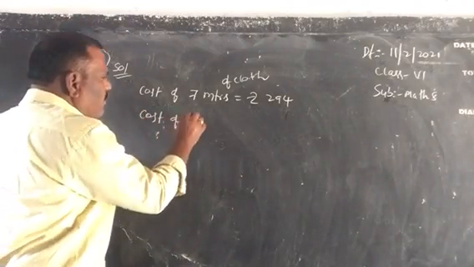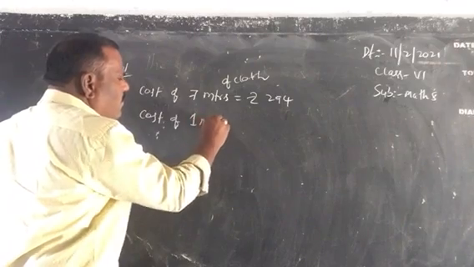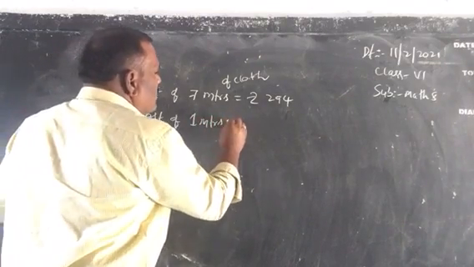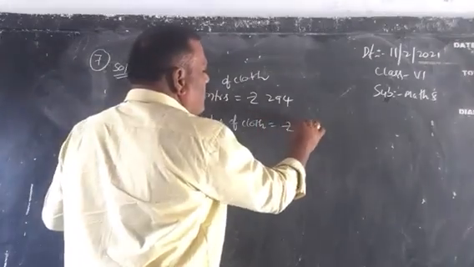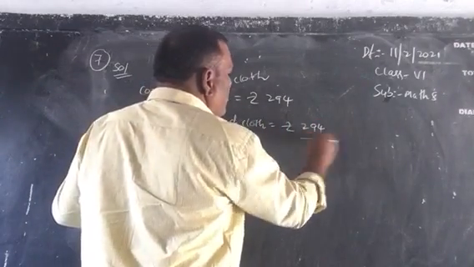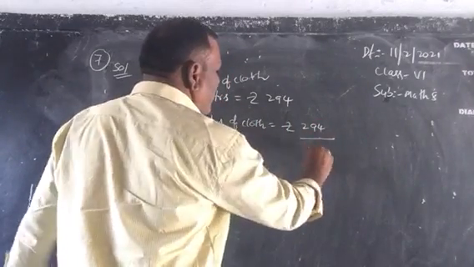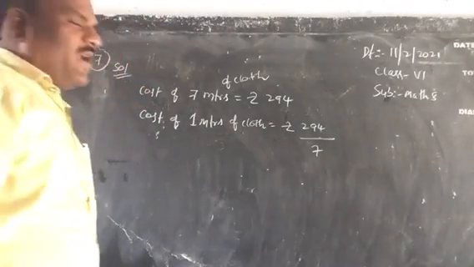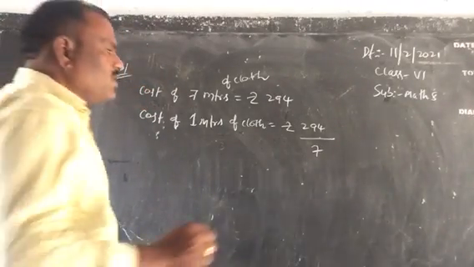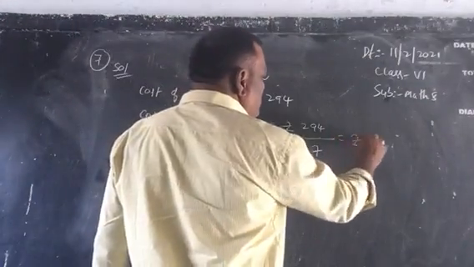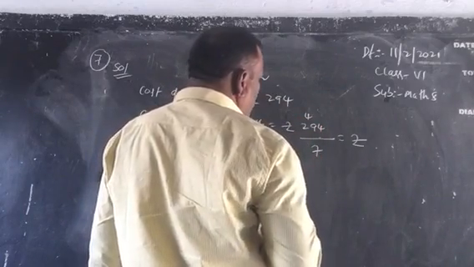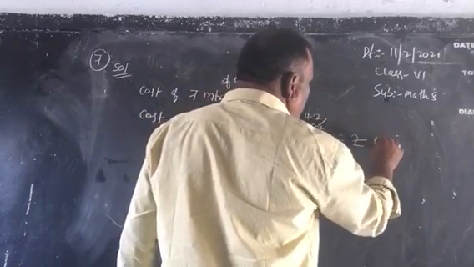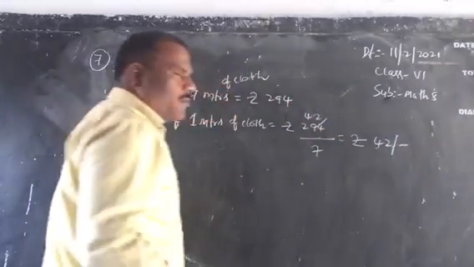Cost of 1 meter of cloth equal to rupees 294 by 7. 294 by 7 equal to how much? 7 4s are 28, 7 2s are 14. So rupees 42, children.